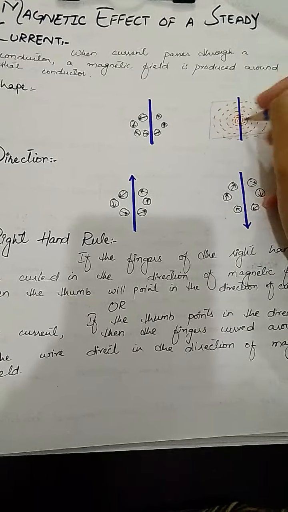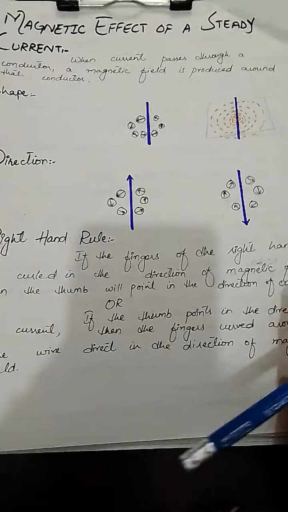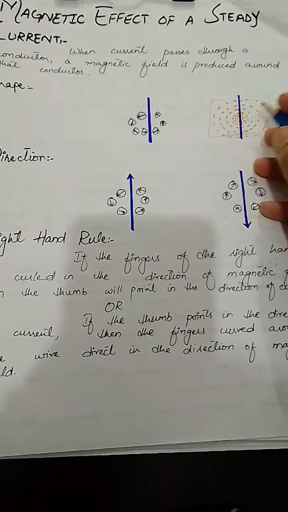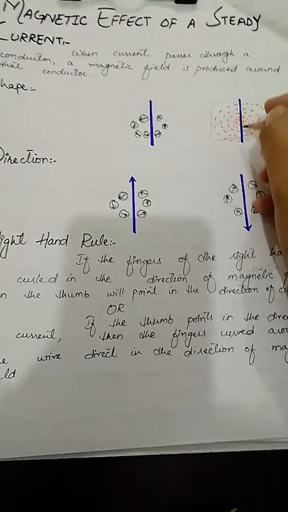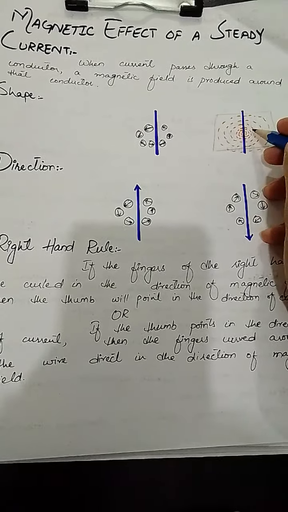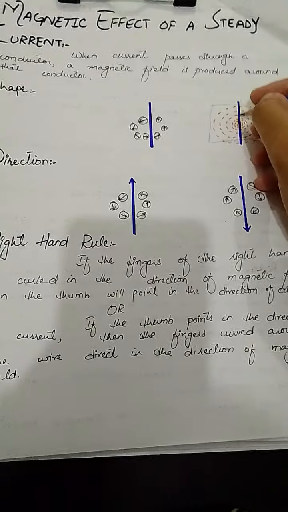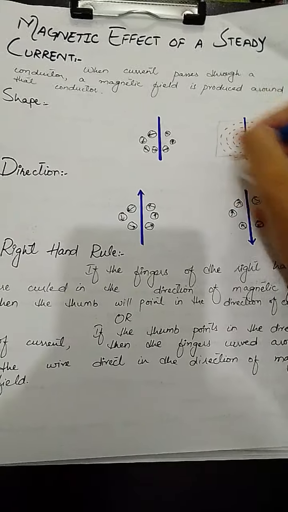We have placed some iron dust, or iron filings, onto this paper. Now when current flows through this wire, these iron filings arrange themselves in the form of concentric circles, just like this.